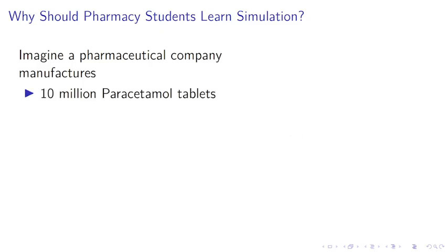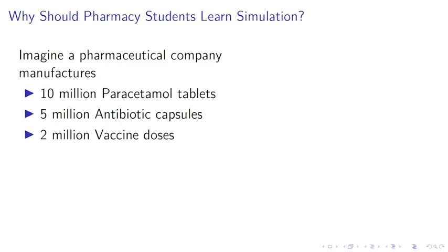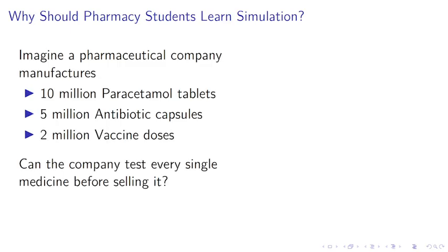If 10 million paracetamol tablets, 5 million antibiotic capsules, and 2 million vaccine doses are produced, this company manufactures this amount of tablets. Can the company test every single medicine before selling it? Impossible.